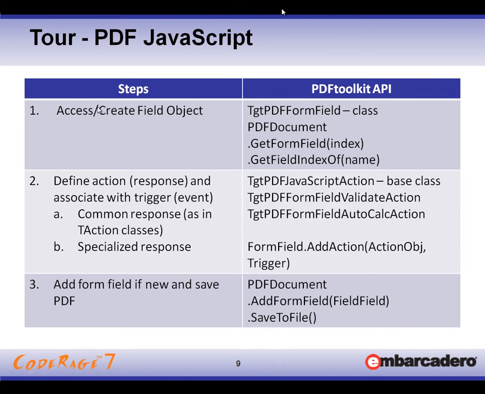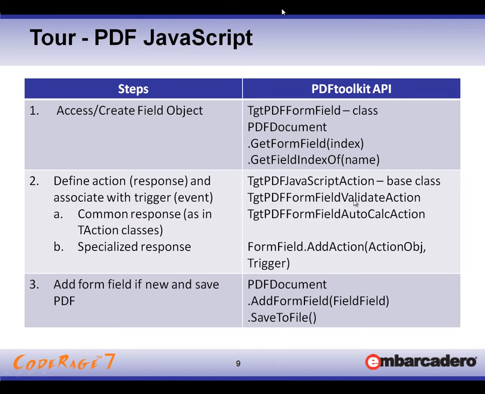So the first step is to access the form field so we can do something to it, and we do that in PDF Toolkit by calling the methods to get the form field. We call the methods on the PDF document object. So there's a get form field method, one for getting the form field by index and another by its name. So once we've got the form field, we need to define the action that will take place on some event. So we do that through these three classes, creating an instance of one of them.